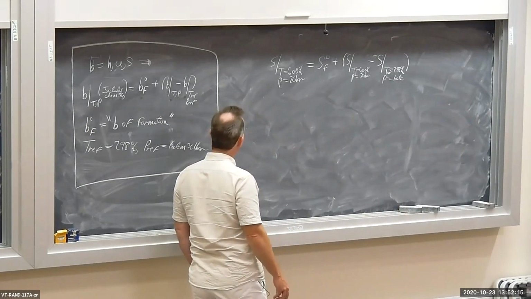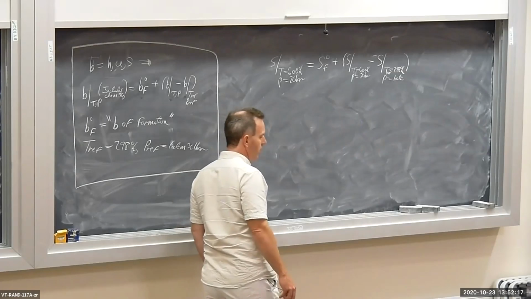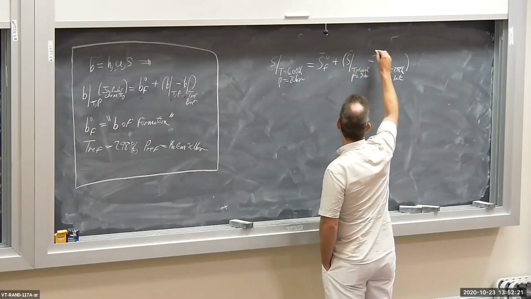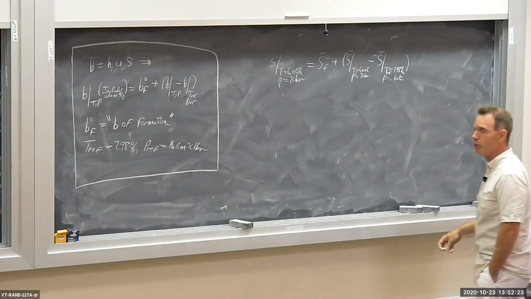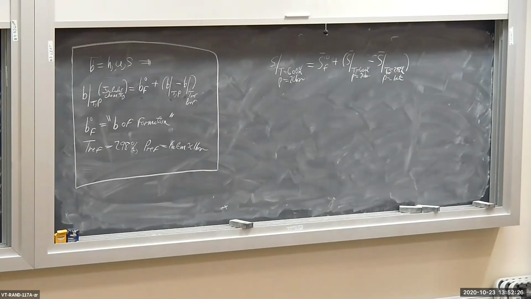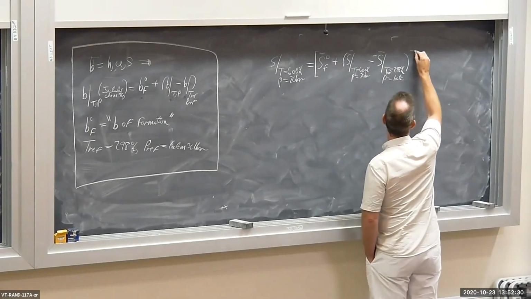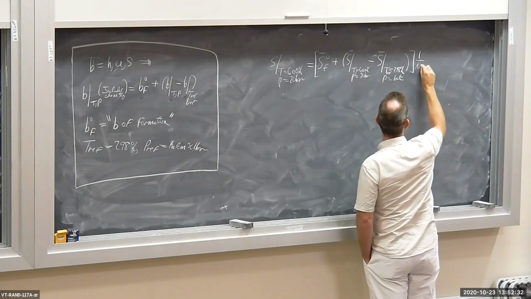Now, my tables clearly are not going to give me specific entropy in kilojoules per kilogram degree Kelvin. So I'm going to need the molecular weight. I guess I better put it in there right now. So this is 1 over the molecular weight.